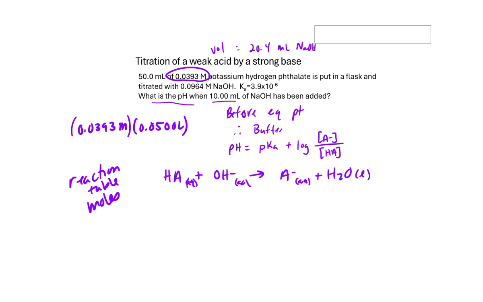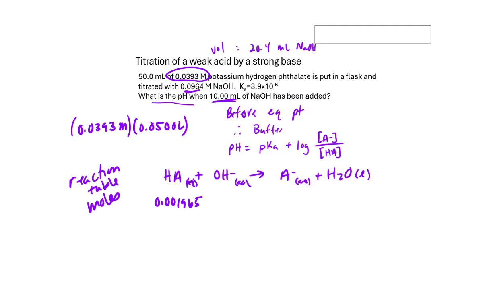And we're going to end up with initial moles of HA of 0.001965. The initial moles of OH minus are going to be the volume times its concentration.